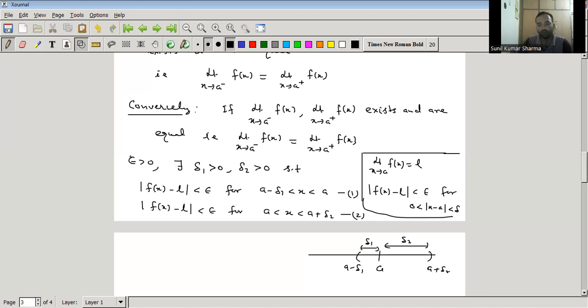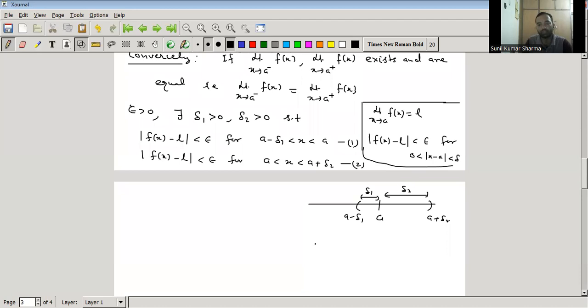Or the other possibility is that this distance is delta 2 and the other distance is delta 1. I don't know whether delta 1 or delta 2 is greater.